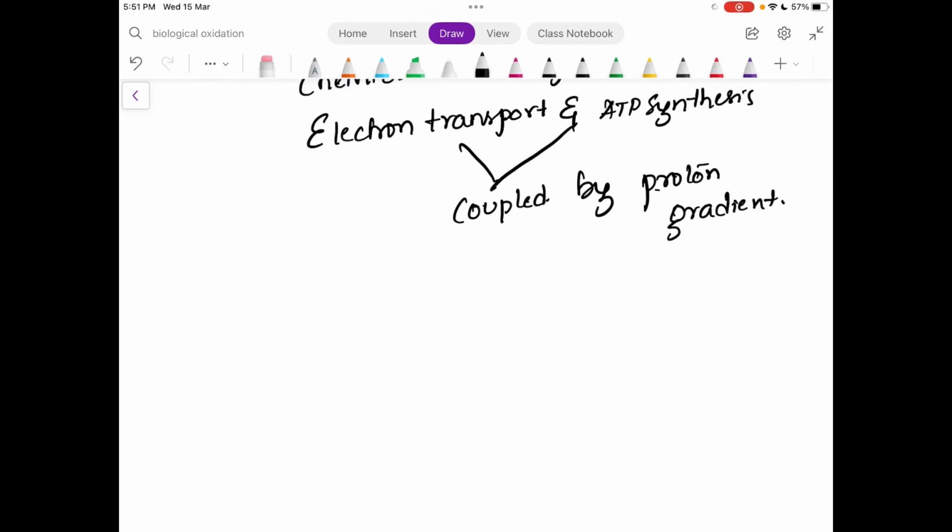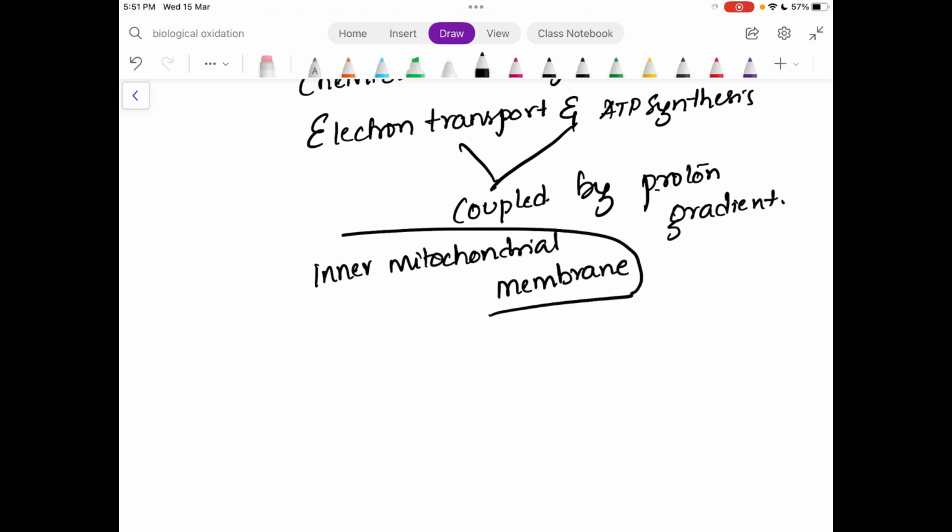At what place? Around the inner mitochondrial membrane. So this proton gradient is created around the inner mitochondrial membrane.